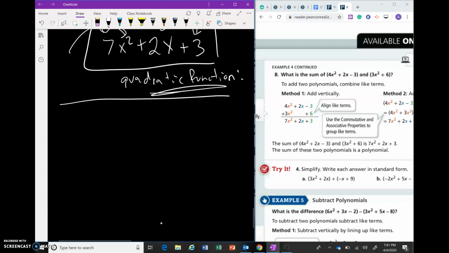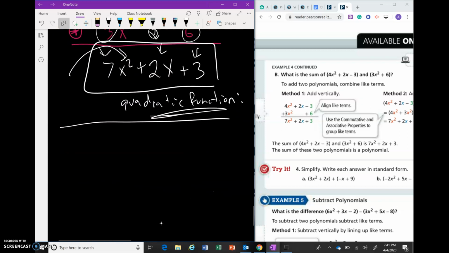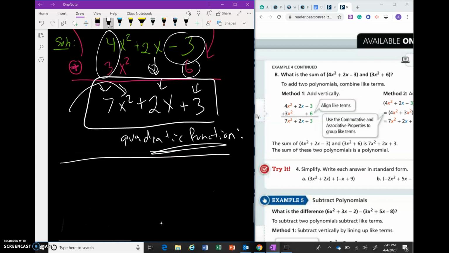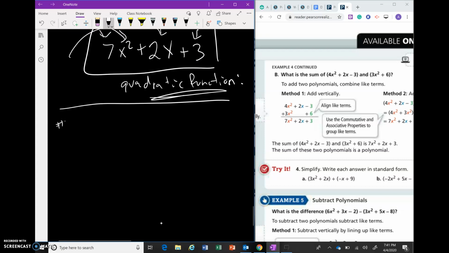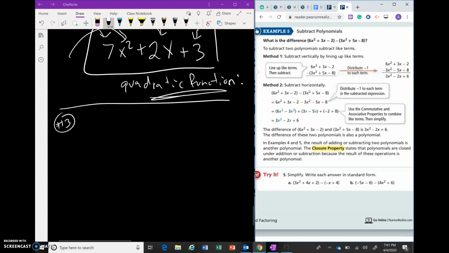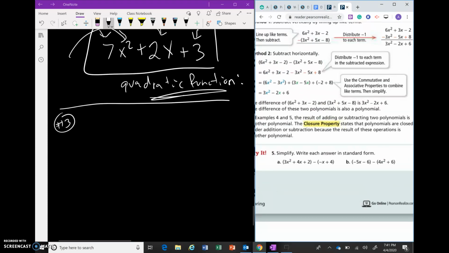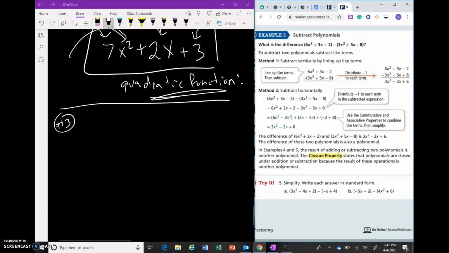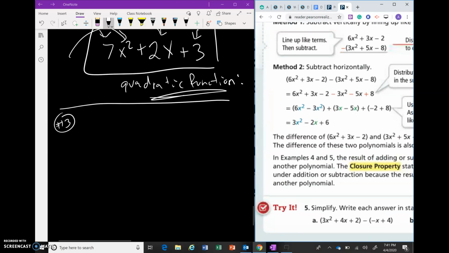Now let's do a subtraction one. Let me do number 3, a subtraction one.